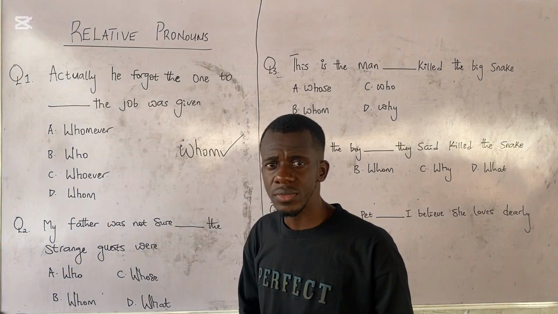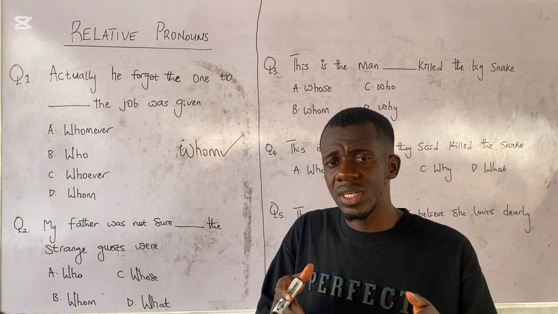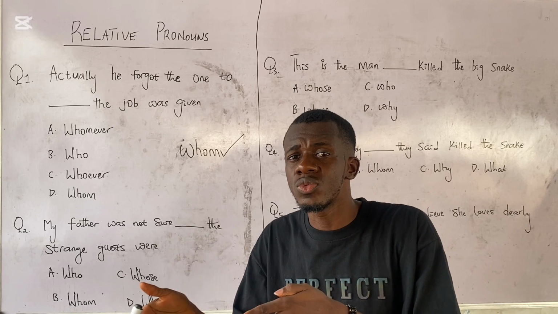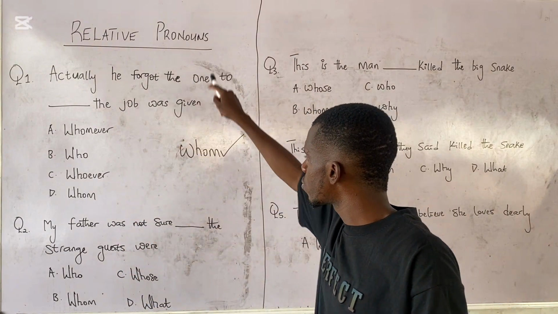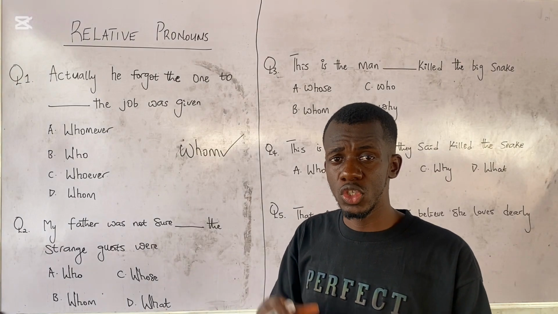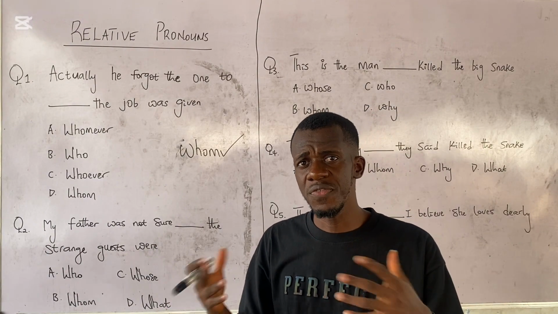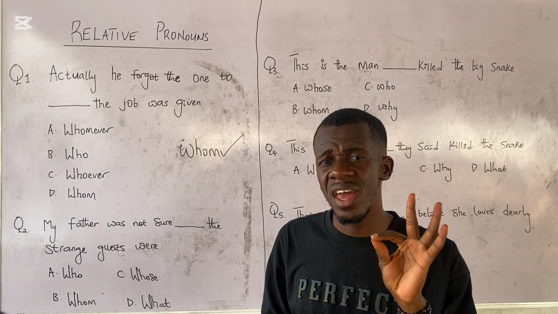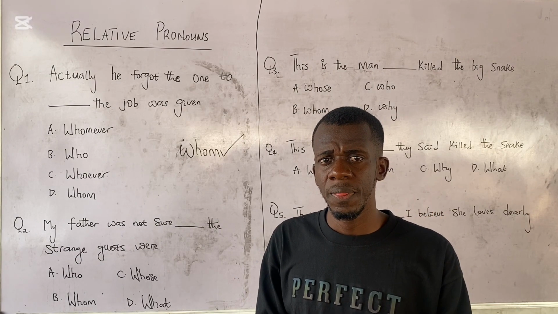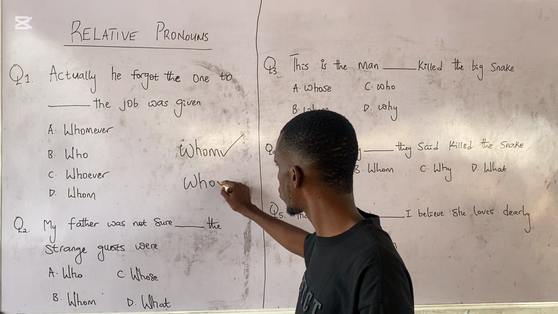Take notes. So if I'm given a gap to fill, and that gap is coming before a noun or a pronoun, I am to fill that gap with WHOM. But if I check directly after the gap and I find a verb present, I am expected to use WHO.